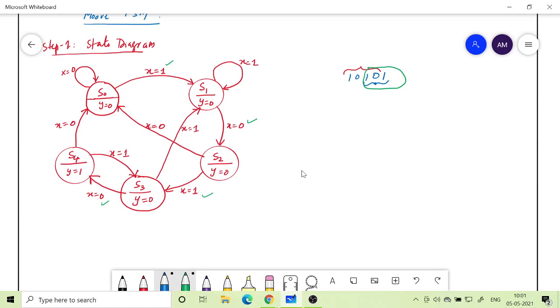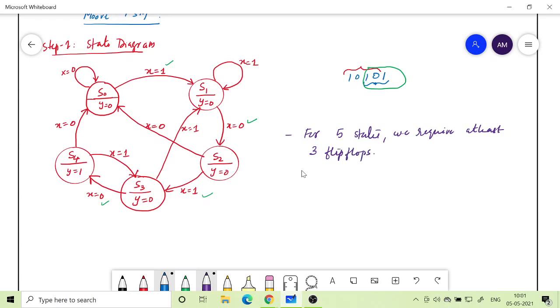You can decide the flip-flops you want, but before that, here you will notice that we have 5 states, and for 5 states we require at least 3 flip-flops.